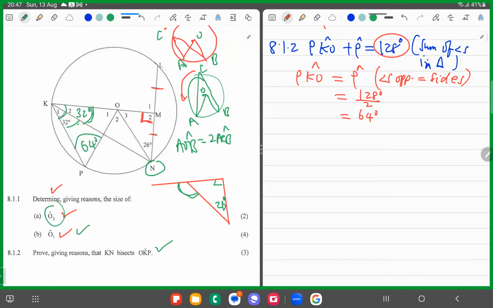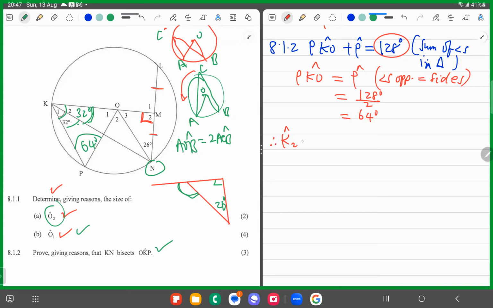Now, let's see what we're getting with this and where we're getting with this. The implication out of this is that angle K2 is actually, so the conclusion therefore is that angle K2 must be 32 degrees.